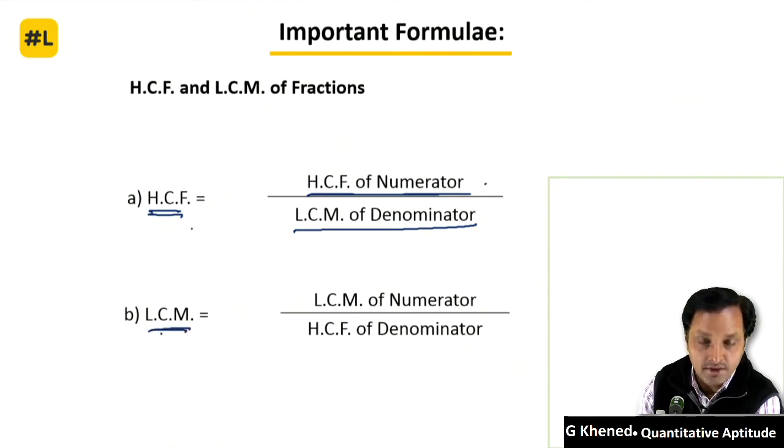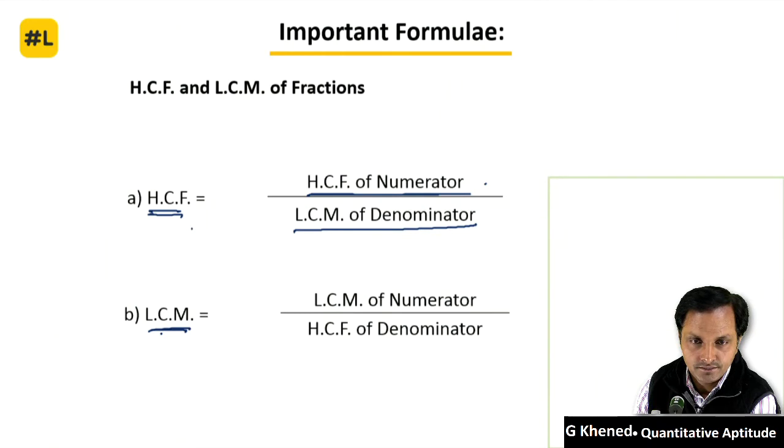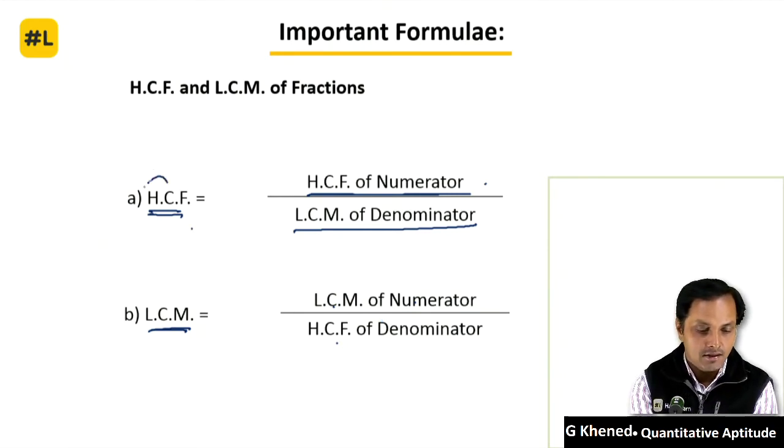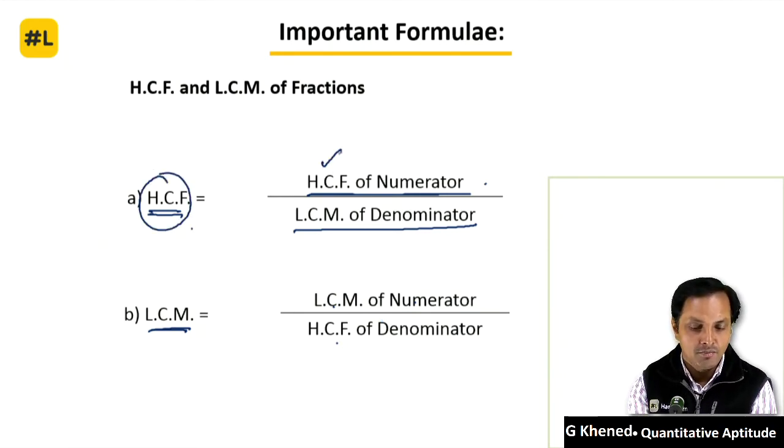Similarly, LCM of given fractions is LCM of the numerator divided by HCF of the denominator. So you can remember it in this way: when they ask you HCF, the numerator should be HCF.